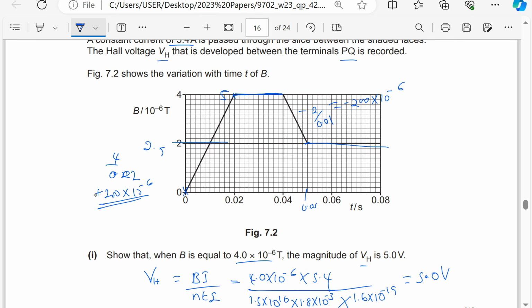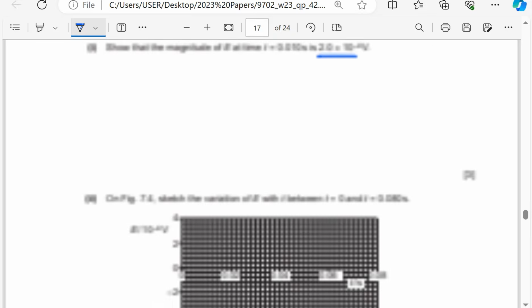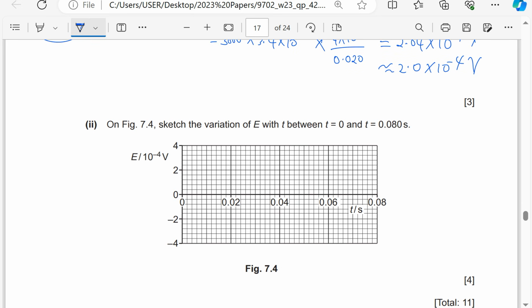On the left, the gradient of the line is positive. On the right, the gradient of the line is negative, but the magnitude is the same. So they should be in opposite directions. The induced EMF is always in the opposite direction. So for the first 0.02 seconds, the EMF is constant, and it is 2.0 times 10 to the power of minus 4. Then between 0.04 and 0.05, the induced EMF is negative 2, in the opposite direction.